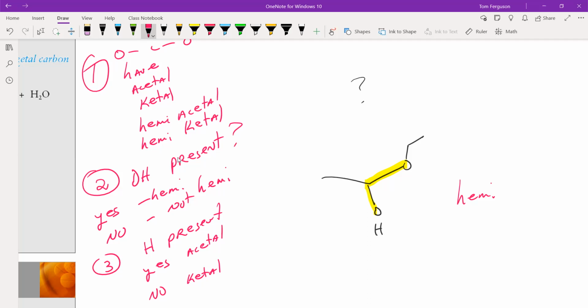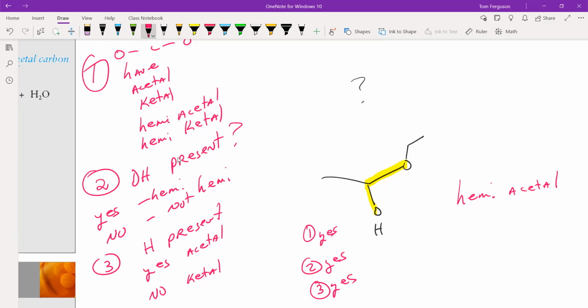So it's a hemiacetal. So number 1 is yes, number 2 is yes, number 3 is yes. Do you guys see where I got those 3 yeses?